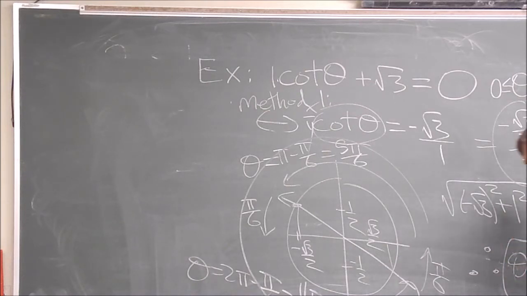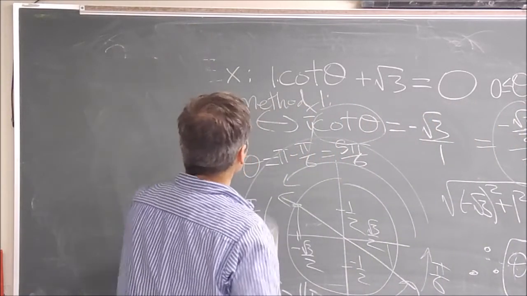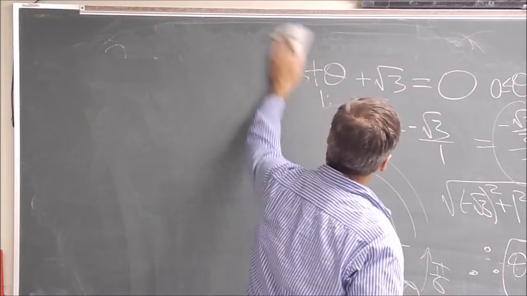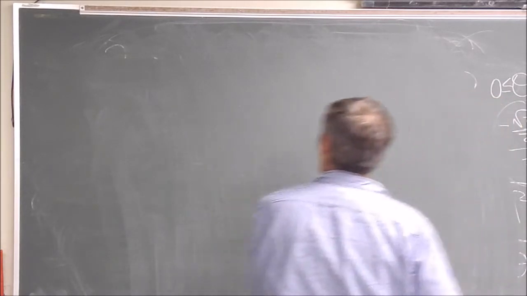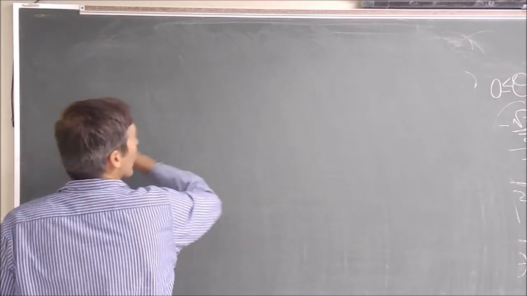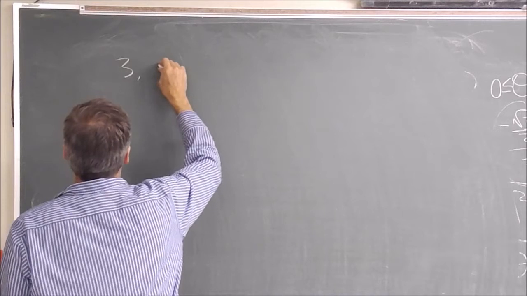Alright, finally, let's try a problem where it's not a trig function of theta, but a double angle or a triple angle. So method 3 is either of the above.